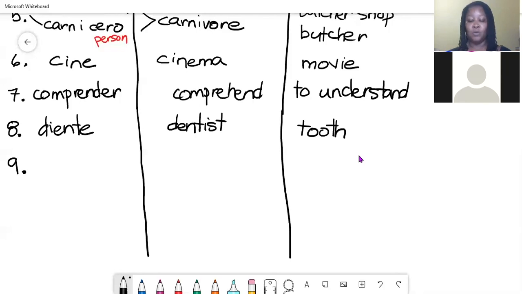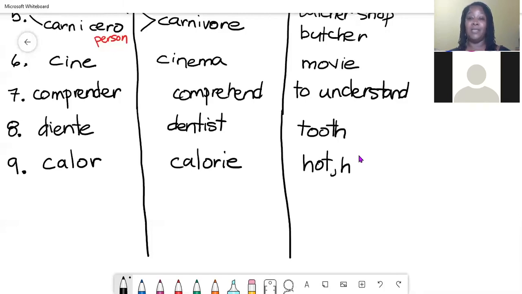Oh, I missed out one of the C's. Let me just put that in right here. This is a fun one too. Calor looks like the word calorie, and calories have to do with hot or heat. When they say you burn calories. And so calor means hot.